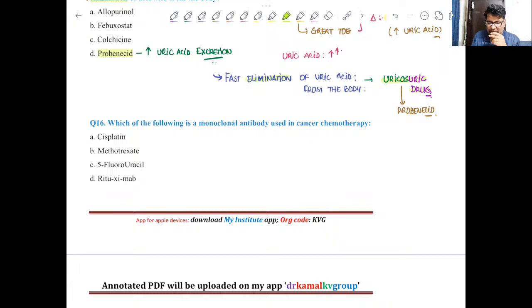monoclonal antibody used in cancer chemotherapy? So monoclonal antibody used in cancer chemotherapy. Yes, anyone? So cancer chemotherapy, and here I am asking about, very good Dr. Poo 14, yes, so I am asking about monoclonal antibody, right?